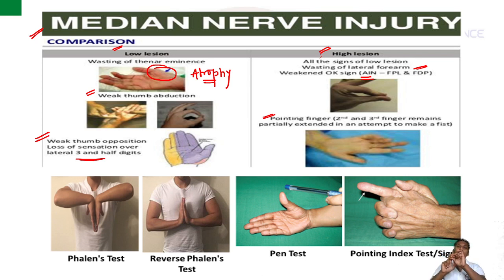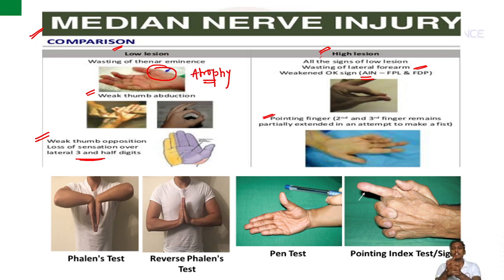And as the first and second lumbricals are paralyzed due to median nerve injury, there would be no flexion at these joints, and that is why they remain straight. This is what is known as a Pope's hand or benediction hand deformity seen in median nerve injury.